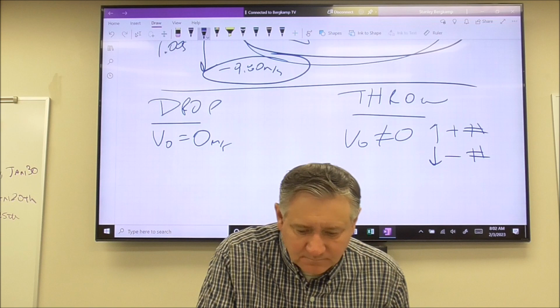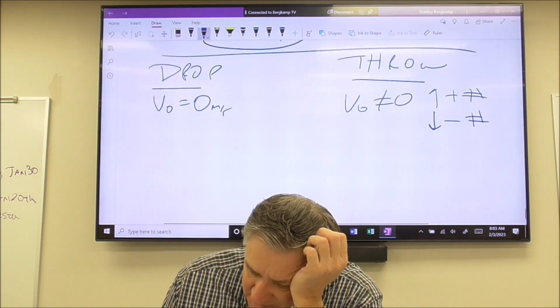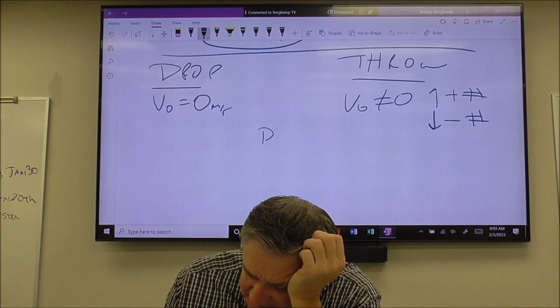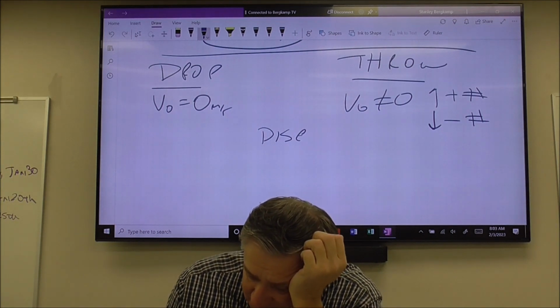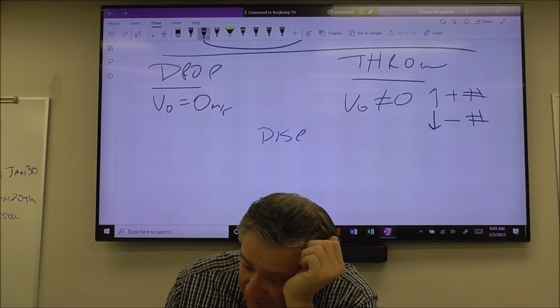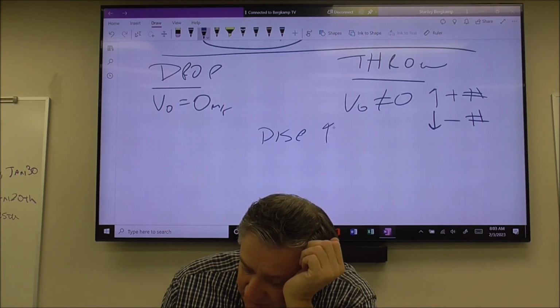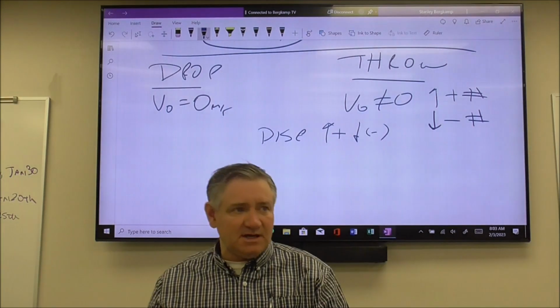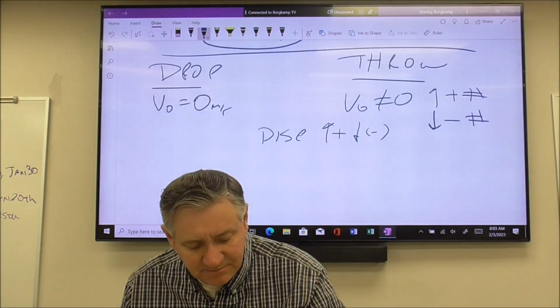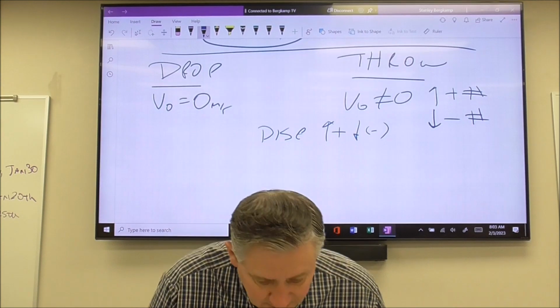Now, the other thing in terms of displacement, here's the whole idea, and this is going to be true of both of these. Anything going up is going to be a positive value. Anything going down is going to be a negative value. But you'll see how this plays out later on.